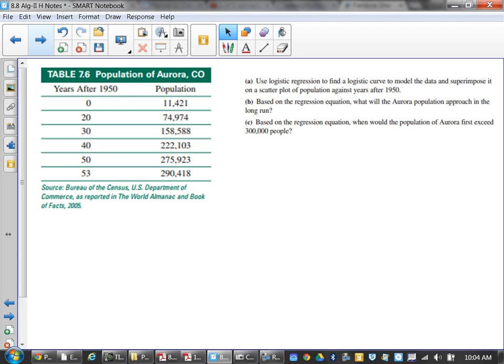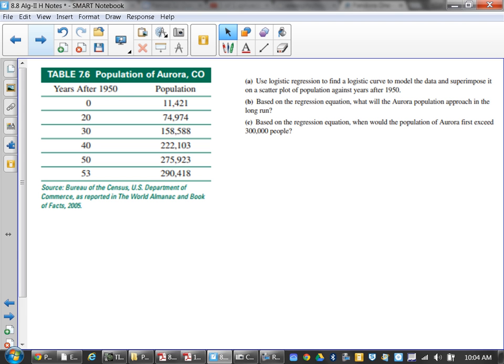So when I'm looking at one like this, logistic works really nice with population growth, whether it's bacteria or people, kind of one and the same almost. So what this is telling you is years after 1950.